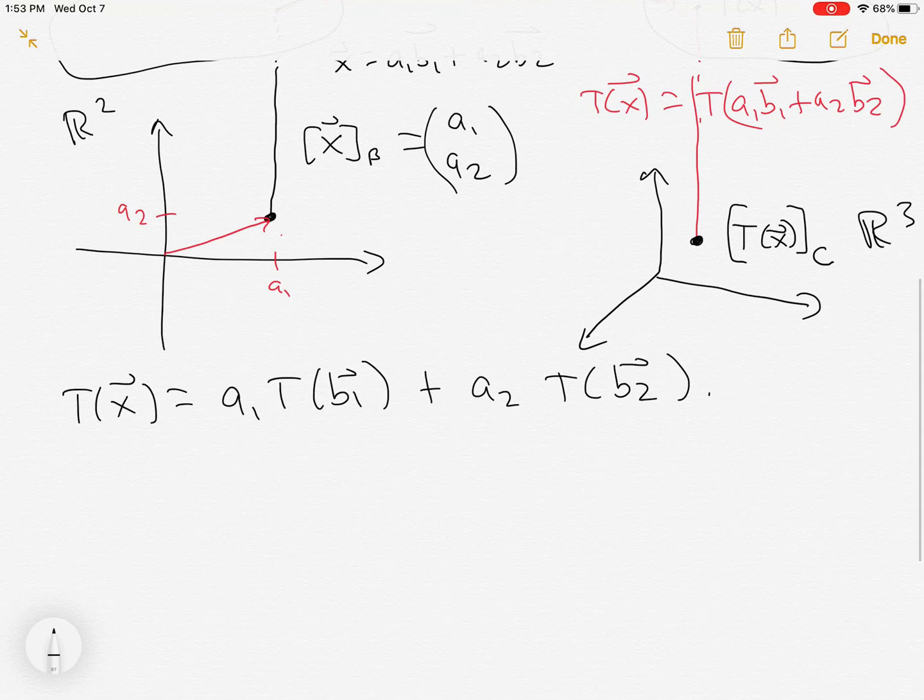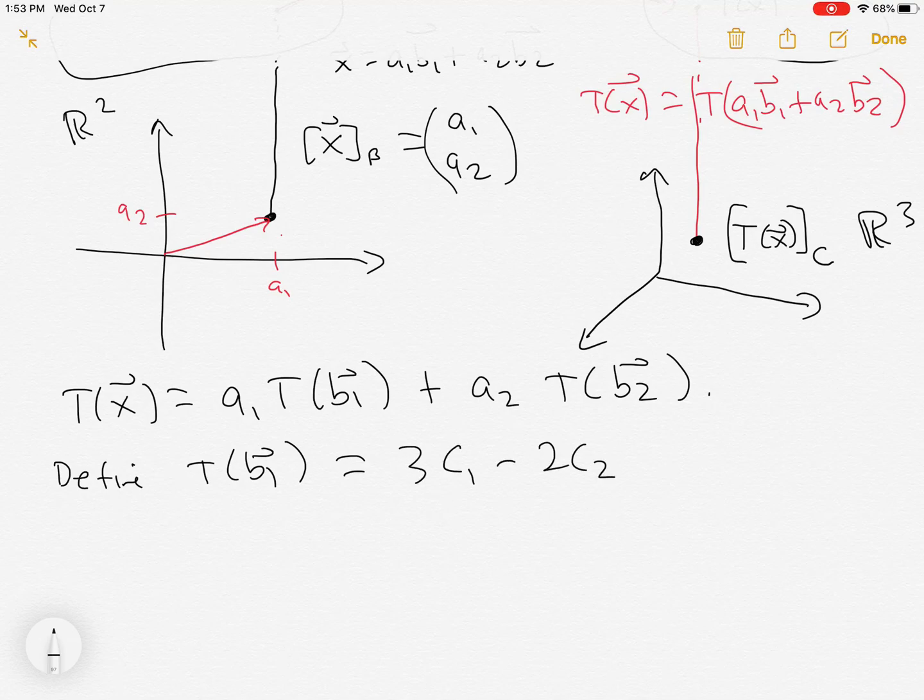Now we're going to make this a proper example. Let's define T of b1 to be 3c1 minus 2c2 plus 5c3. So T takes a vector in V and turns it into a vector in W, which is a linear combination of the basis vectors in W. T is completely defined by its relationship to the basis vectors, so all we have to do is define these two things.